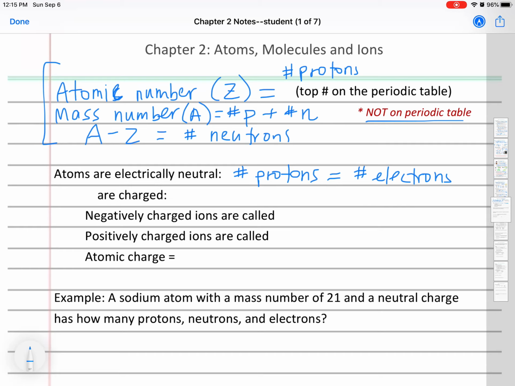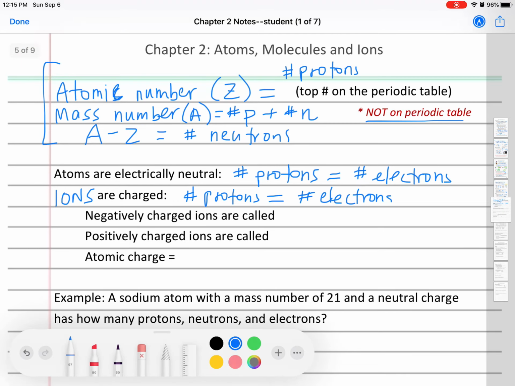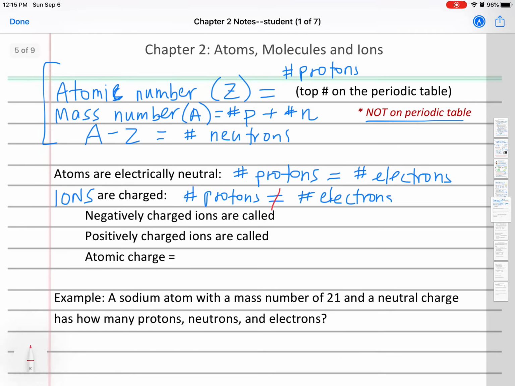But you can actually have particles that have different numbers of protons and electrons and are charged. But we don't call those atoms. We call them ions. So atoms are neutral, ions are charged. And they're charged because the number of protons and the number of electrons, in this case, are not equal.